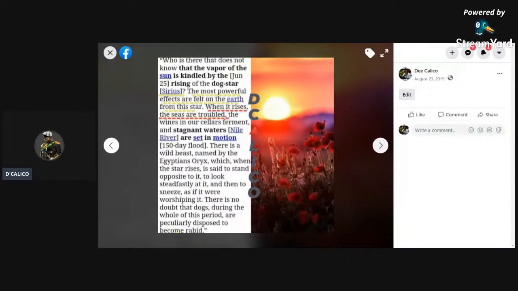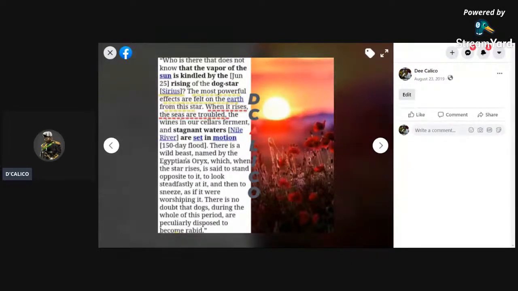Right now, we're going through what they call the dog days of summer. Now, who is there that does not know that the vapor of the sun is kindled by the June 25th rising of the dog star Sirius? The most powerful effects are felt on the earth from this star. When it rises, the seas are troubled. The wines in our cellars ferment, and stagnant waters, which is the Nile River, are set in motion on this 150-day flood.